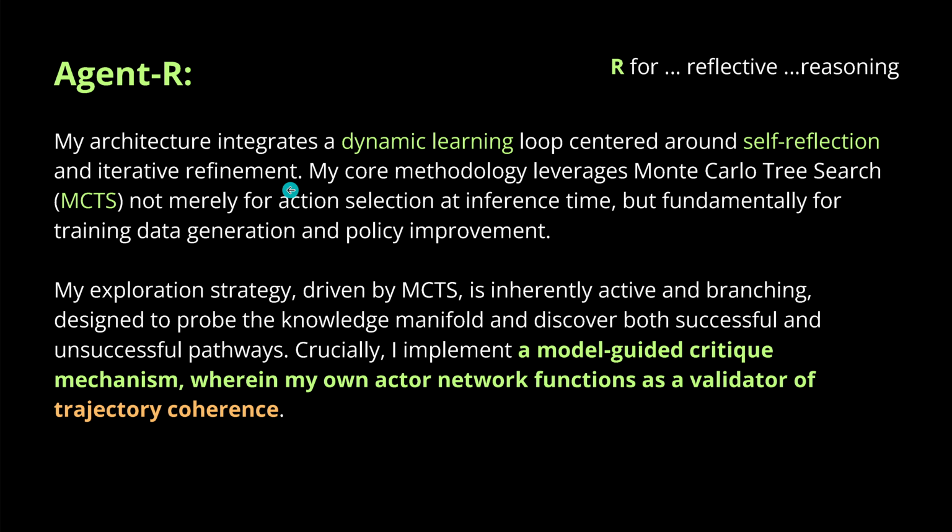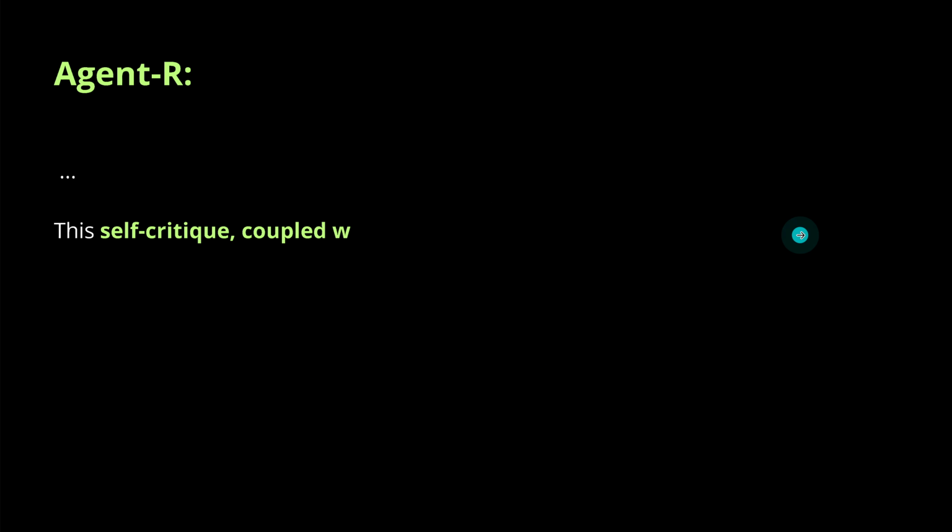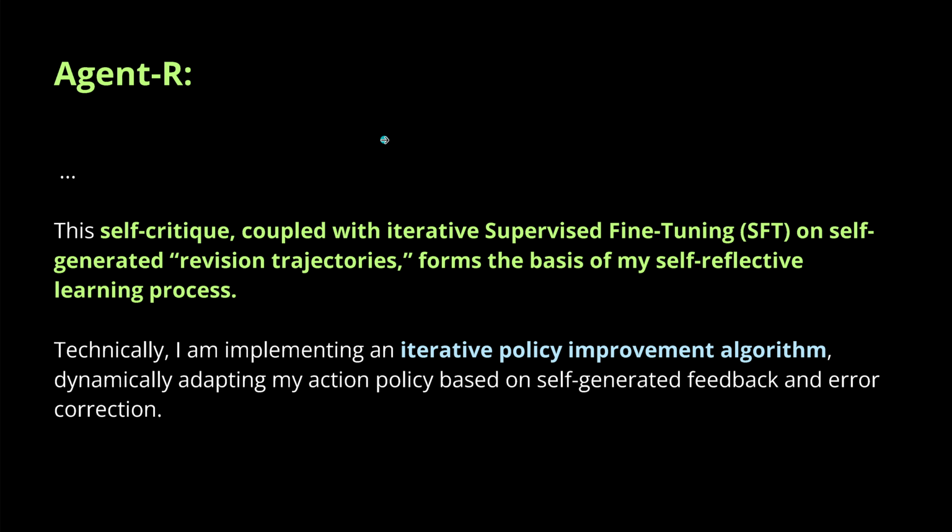Normally, the core methodology today is Monte Carlo Tree Search, but of course, you can have, like in the latest publication by ByteDance and Fudan University, a model-guided critique mechanism where my own actor network functions as a validator of a trajectory reasoning coherence function. So, you can go from 0 really up to 100. Let's have a look at Agent R.